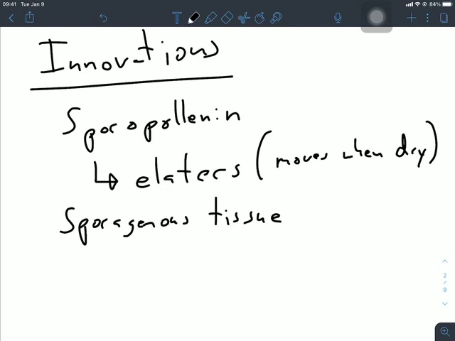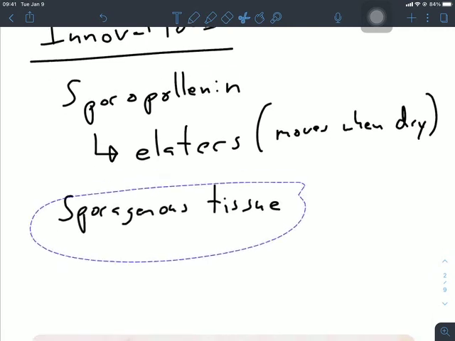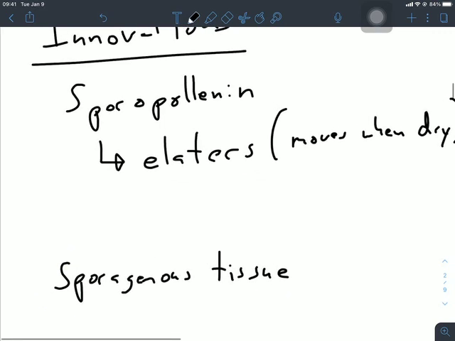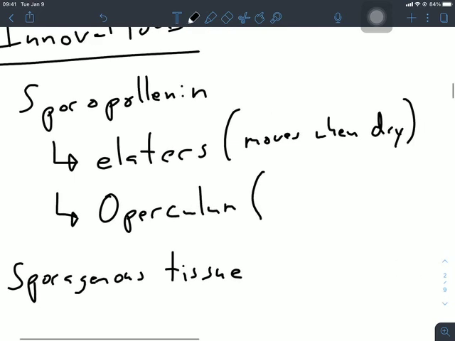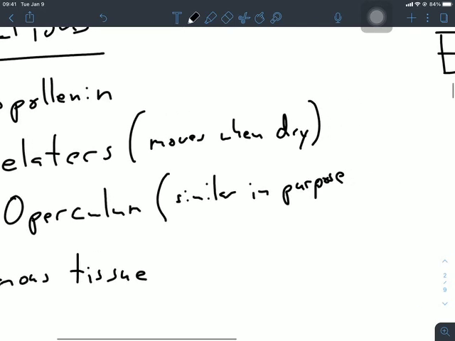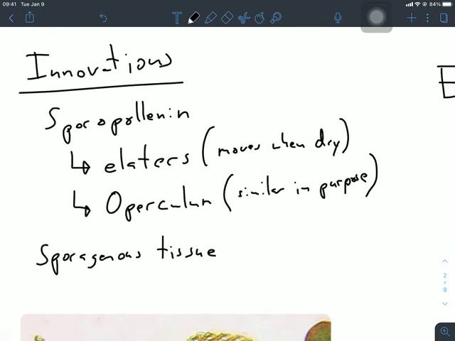Now, alongside elaters, I forgot to mention this, we also have other structures. Not all spores in bryophytes have elaters. Some of them instead rely on a structure called an operculum, which will function similarly in its purpose, at least, to elaters, in that it's a dispersal mechanism that again operates on drying out.